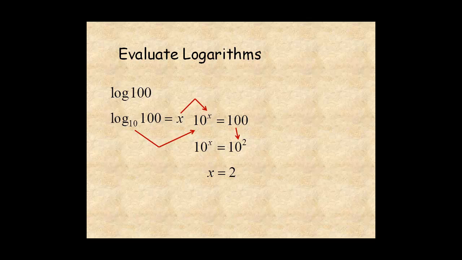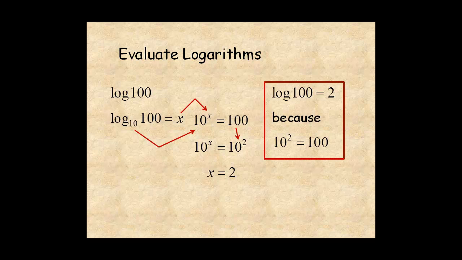So the answer is log of 100 is equal to 2, because 10 to the power of 2 is equal to 100. Remember to include the because statement to avoid making simple mistakes. Also, when no base is shown, the base is assumed to be 10, and the log is called the common log.